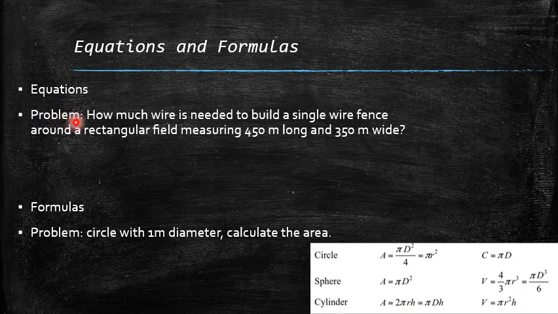So if we have a problem saying how much wire is needed to build a single wire fence around a rectangular field, we have a rectangular field and we need to build a fence around this field, measuring 450 meters long and 350 meters wide.